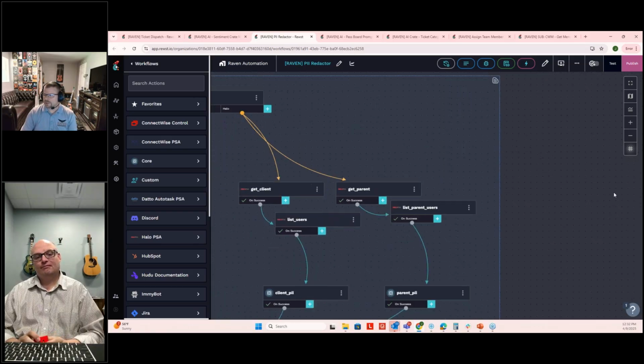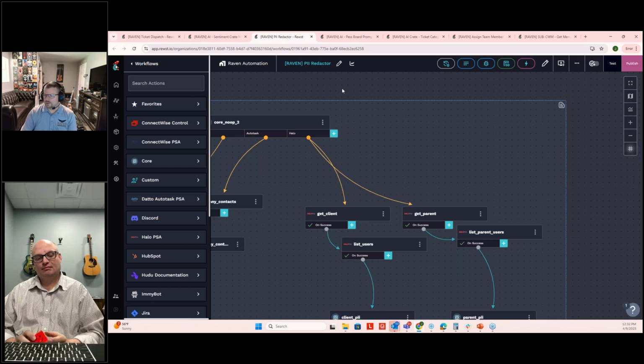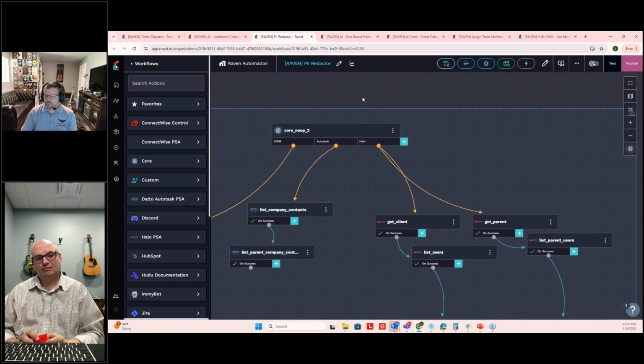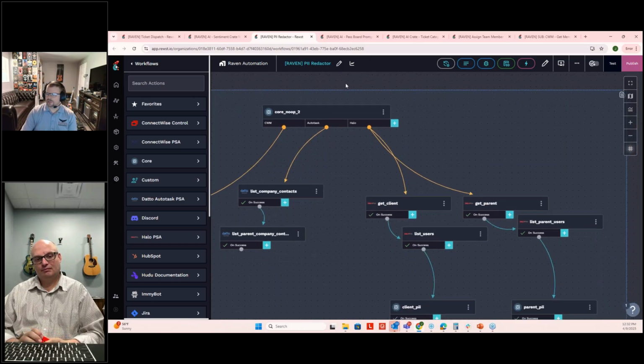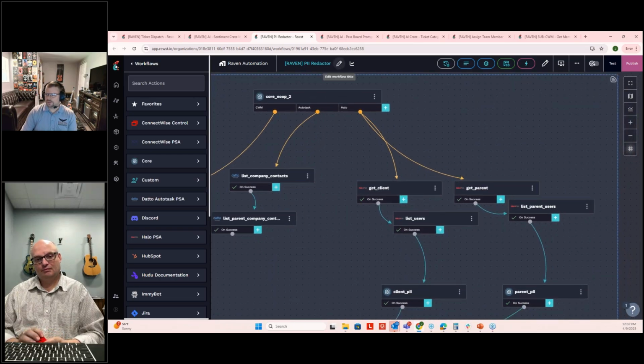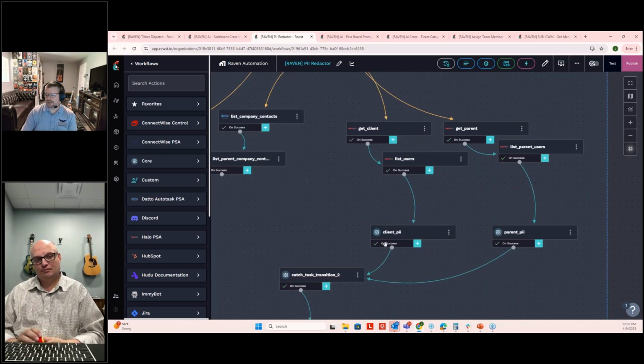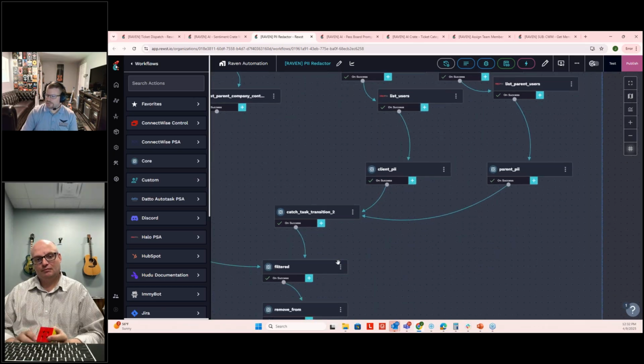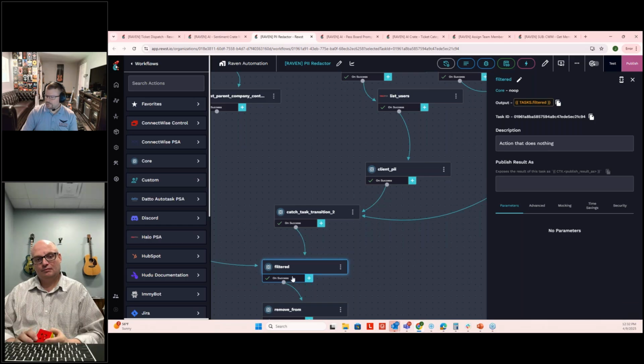In this case, again, it supports Autotask, ConnectWise Manage, and Halo. We've got to get the Kaseya actions built into this still. But what we do with this is we get the contact information, determine the PII data that's associated with that, and essentially we filter that information.